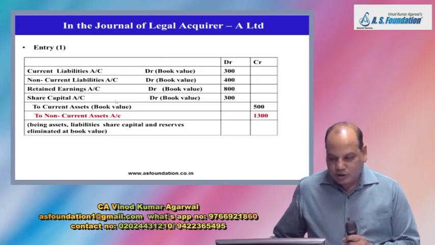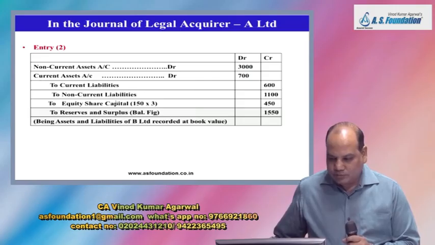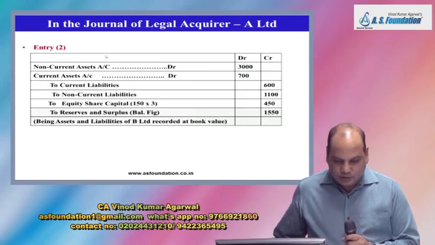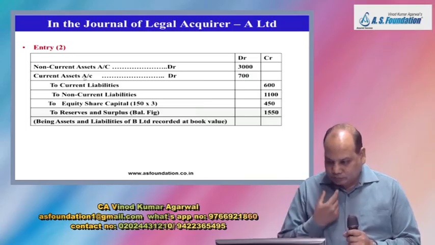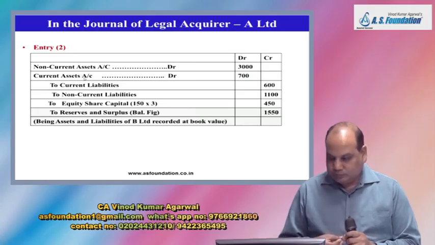Okay. Any query? Now you incorporate the assets, liabilities of entity B at book value first. Book value. Non-current asset account debit 3000.